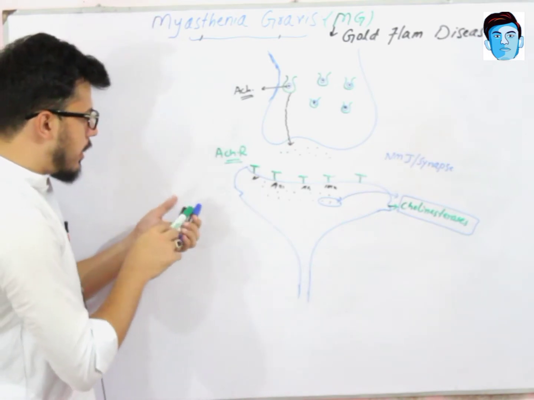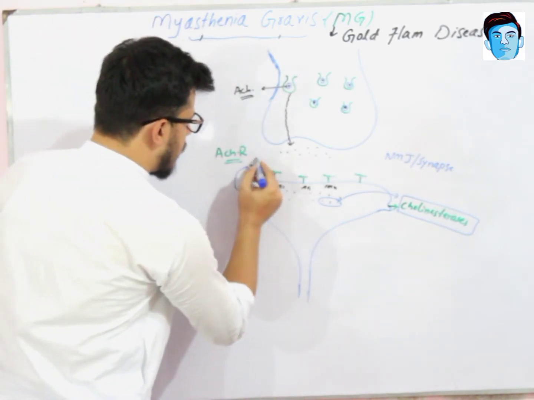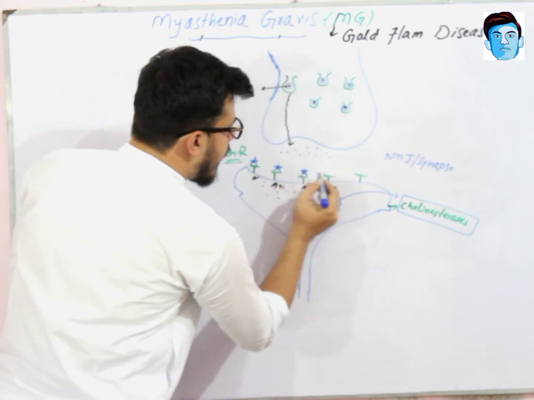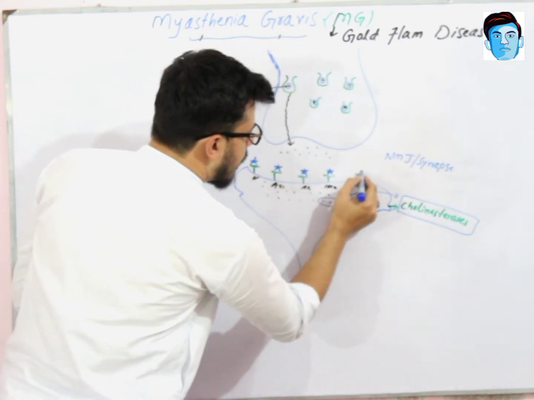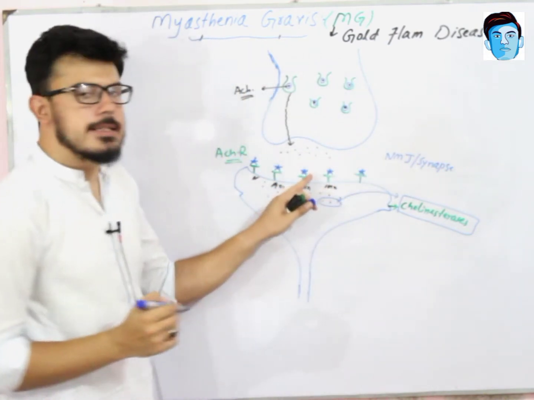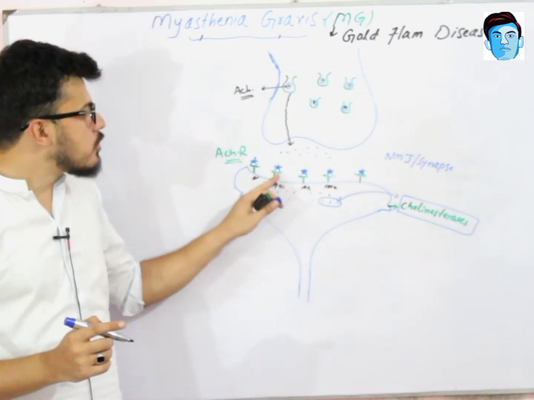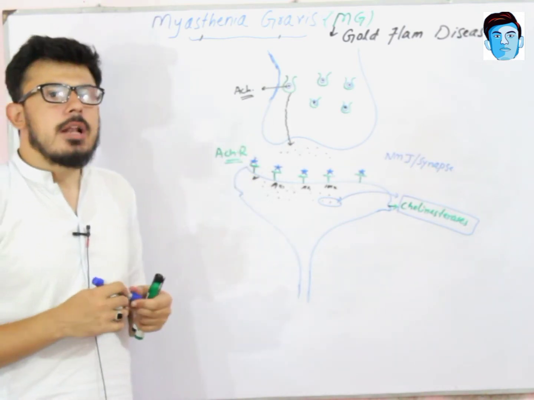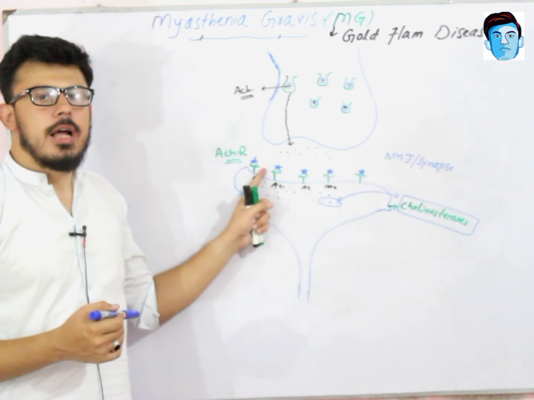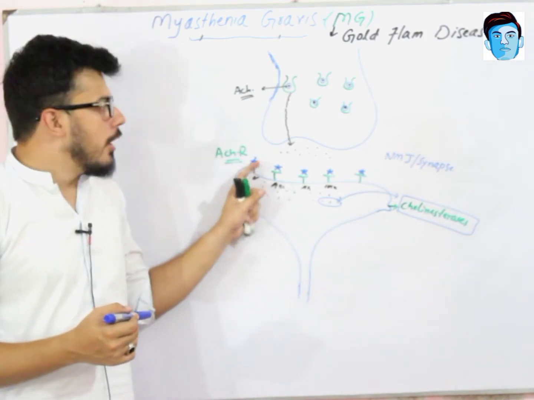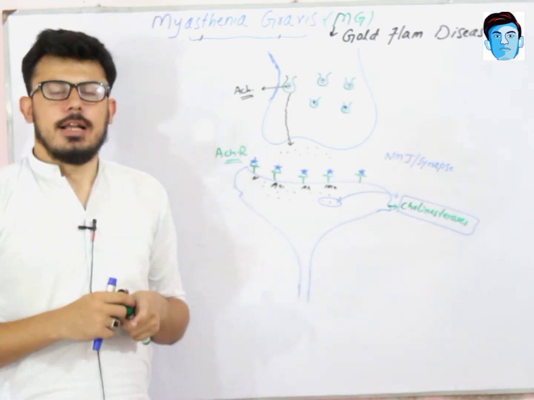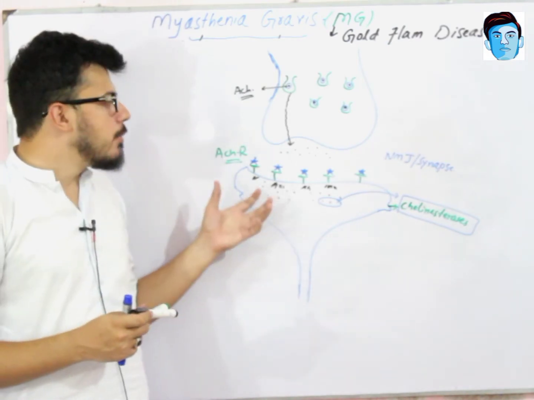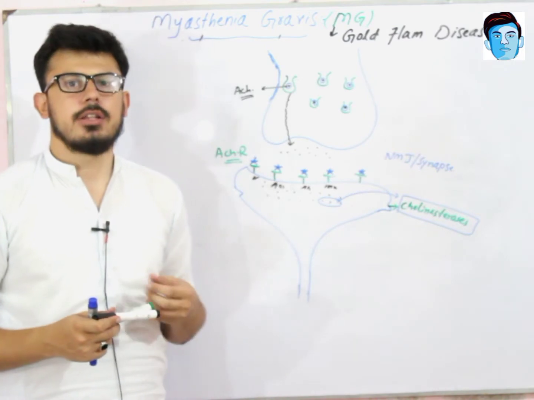When antibodies bind to the acetylcholine receptor, there is no more binding site for acetylcholine. So acetylcholine is unable to bind the receptor, meaning the acetylcholine effect decreases. With decreased acetylcholine, there will be no muscle contraction or inadequate muscle contraction.